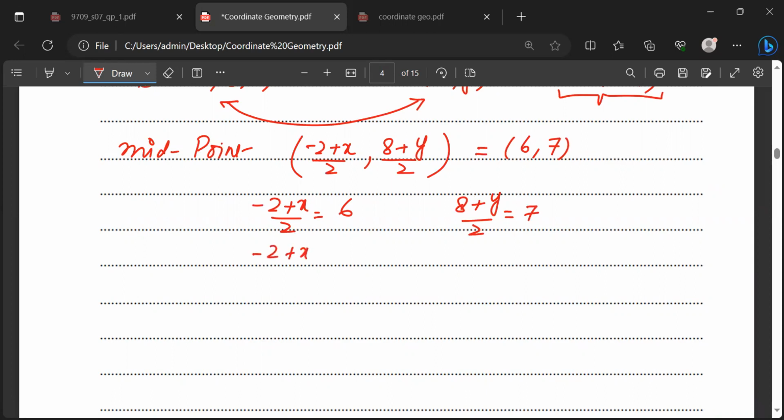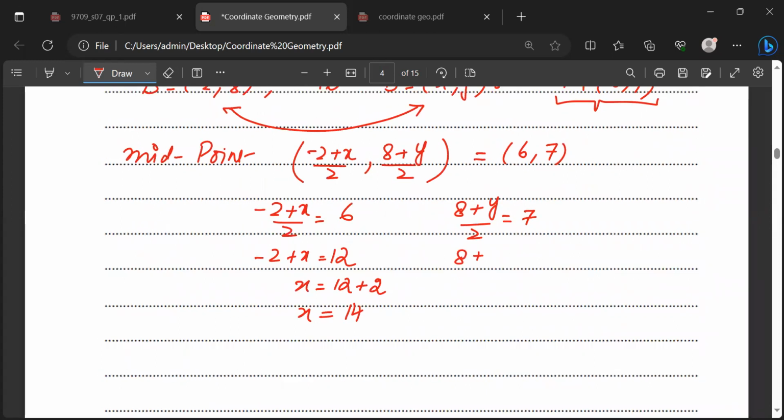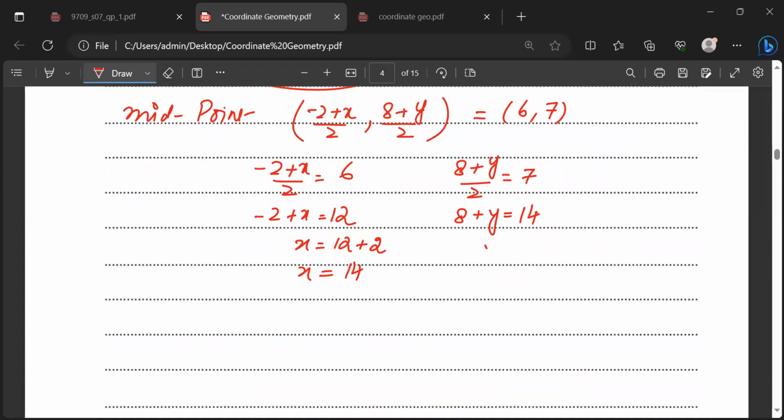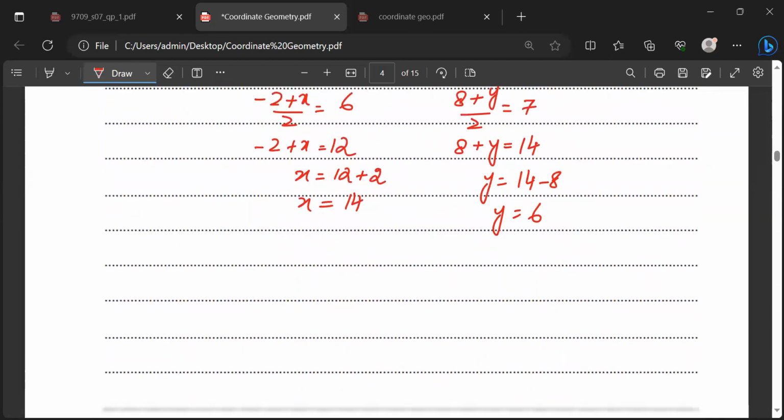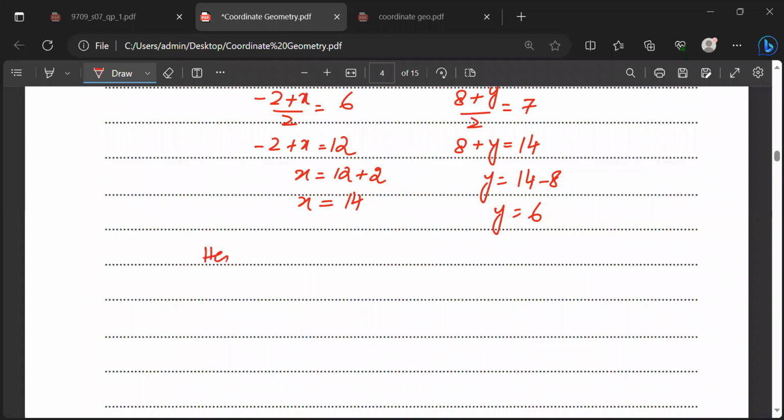Minus 2 plus x is equal to 12, so x is 12 plus 2, so x is 14. And 8 plus y is equal to 14 by cross multiplication, so y is 14 minus 8, y equals 6. So D is equal to 14 comma 6.